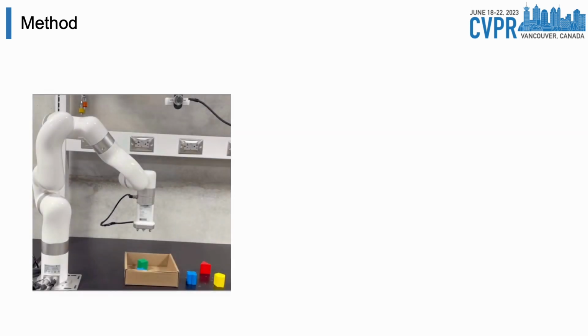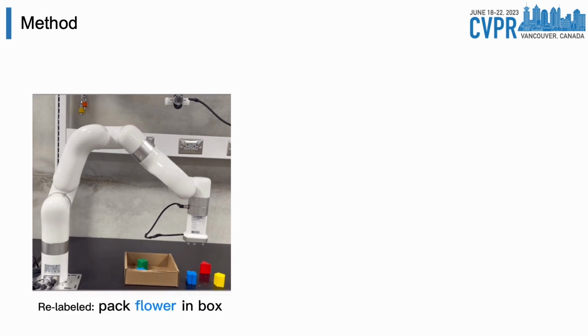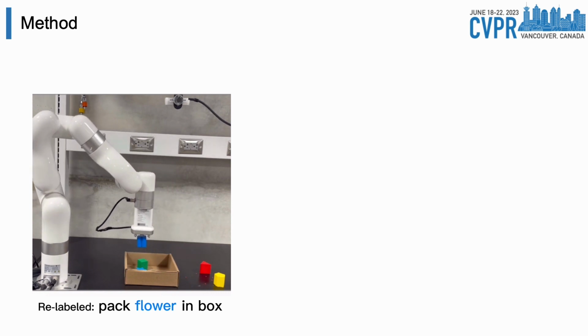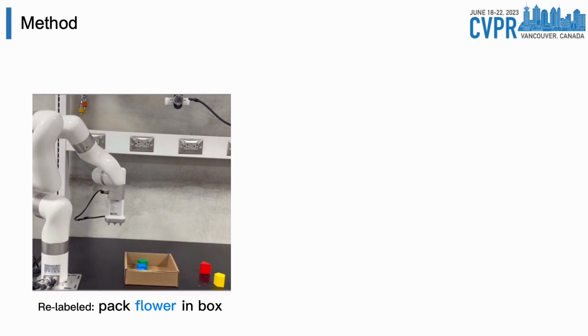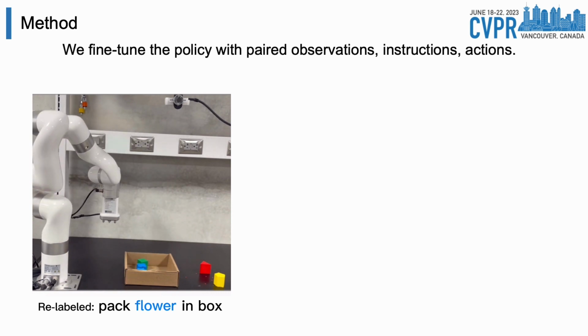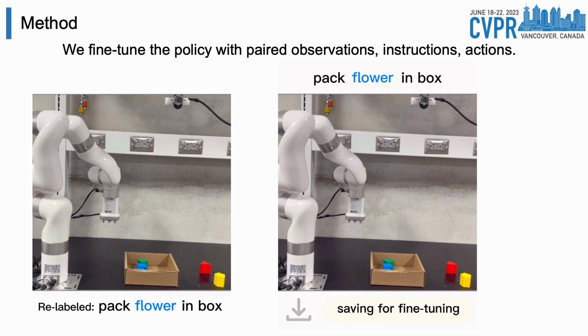Once the pre-trained model relabels the demonstrations, we can have paired visual observations, language instructions, and the corresponding actions. We can use the data to fine-tune the policy for the adaptation to a new task. So through play and relabel, we collect the data for fine-tuning the policy in the new task automatically.